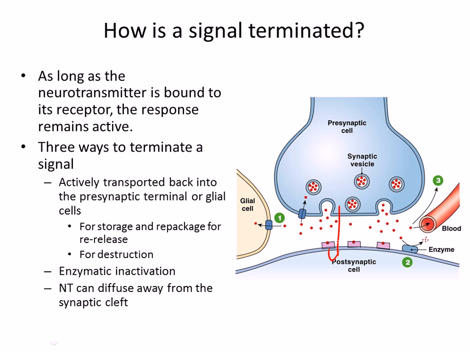So the question is, once we've got this signal begun, how do we stop it? And it's kind of the same way we did everything else. You've got to get rid of the activator. So there are several things. First, you can have enzymatic inactivation, which basically says, well, here we've got this out here, we don't want it here, so let's go ahead and start destroying it. For example, one of the neurotransmitters in your body is acetylcholine.